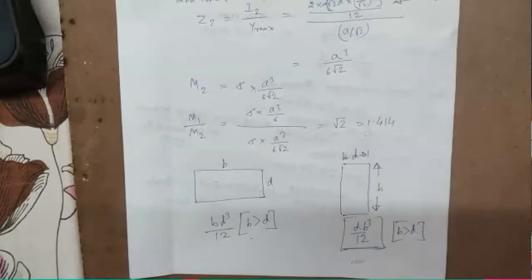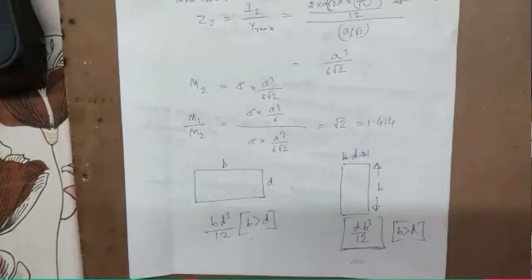The reason behind it is, for I section the moment of inertia we get is higher. For the same weight, the I section has more moment of inertia than other sections.